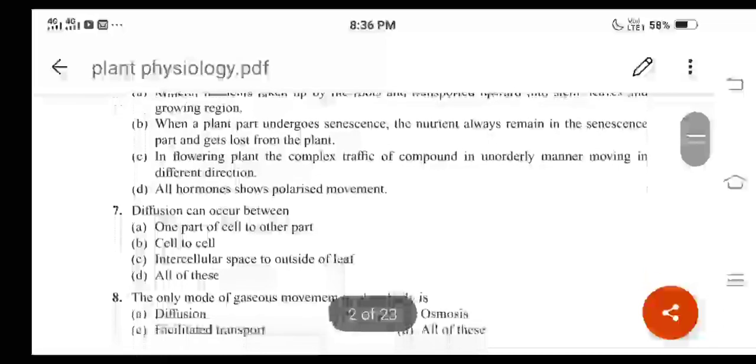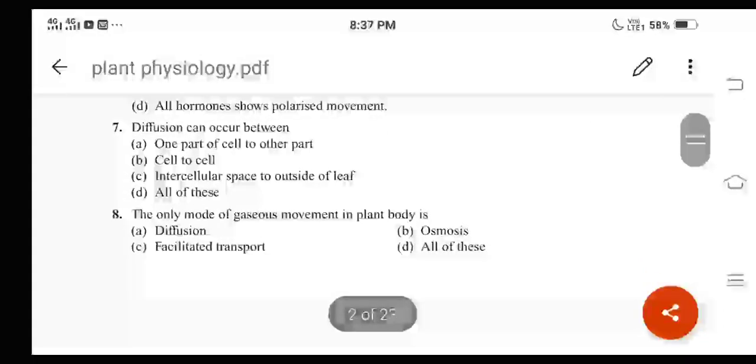Question number 7. Diffusion can occur between one part of a cell to another part, from cell to cell, and from intercellular space to outside of the leaf, all of these, right? It shows all these possibilities.